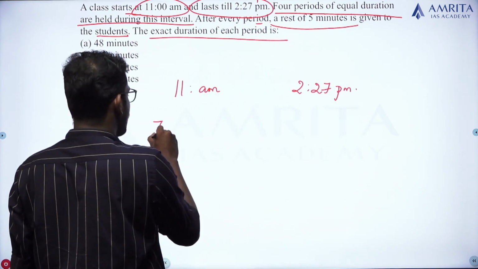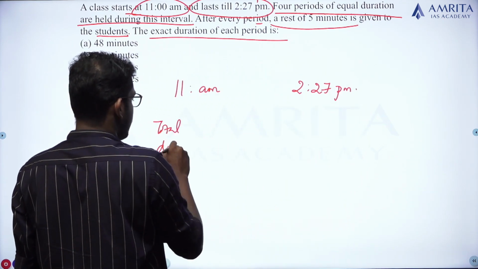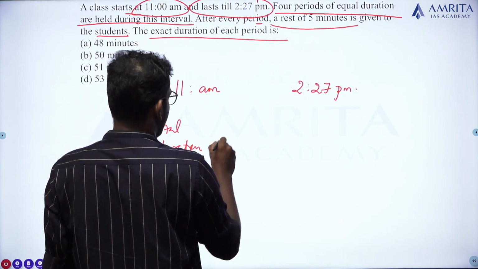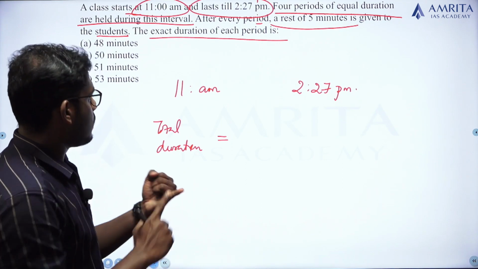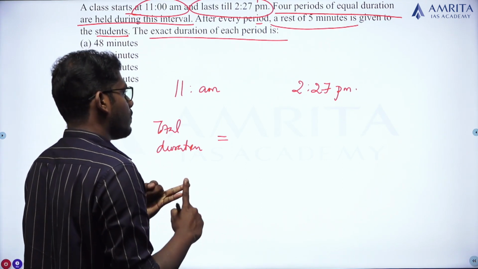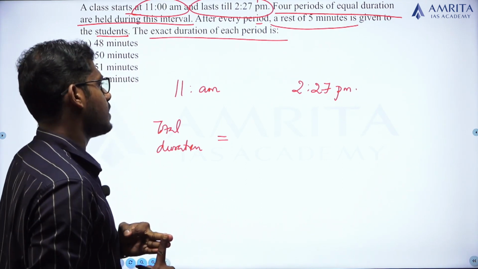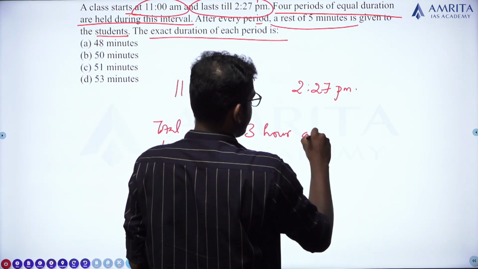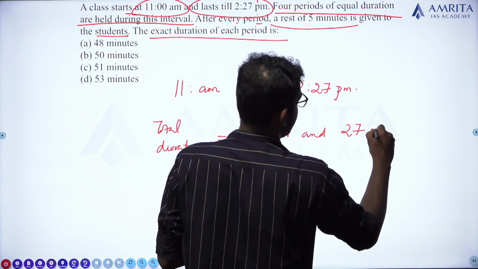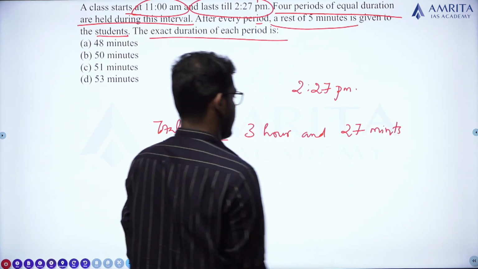So the total duration will be equal to 11 to 12, 12 to 1, 1 to 2. Clear? So in total it takes 3 hours and 27 minutes. Right? Yes.